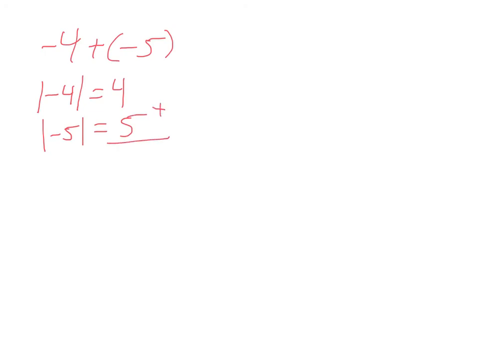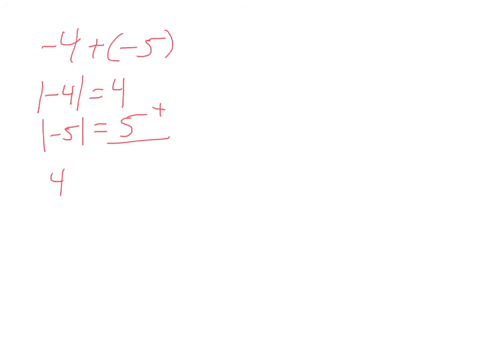-4 plus -5. Well, what if I do this? The absolute value of -4 is 4. The absolute value of -5 is 5. I'm going to take the absolute values and add them together in this case.